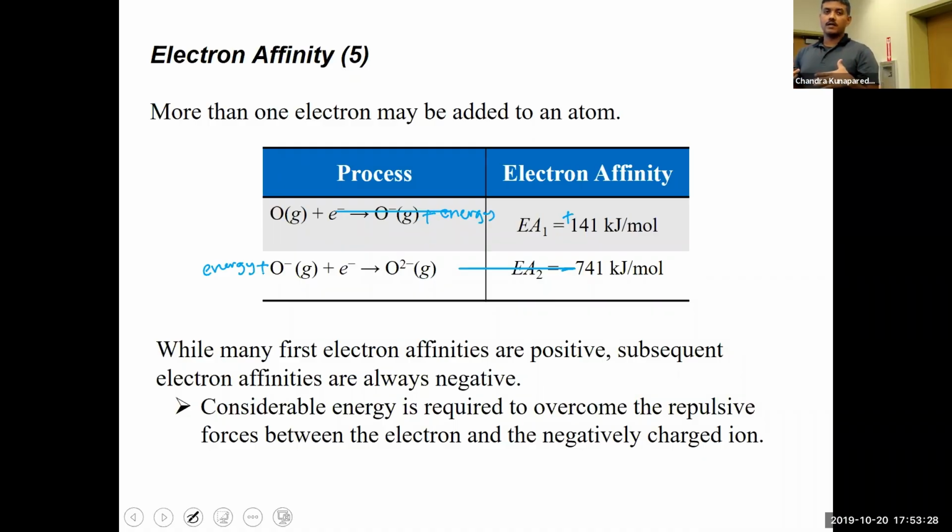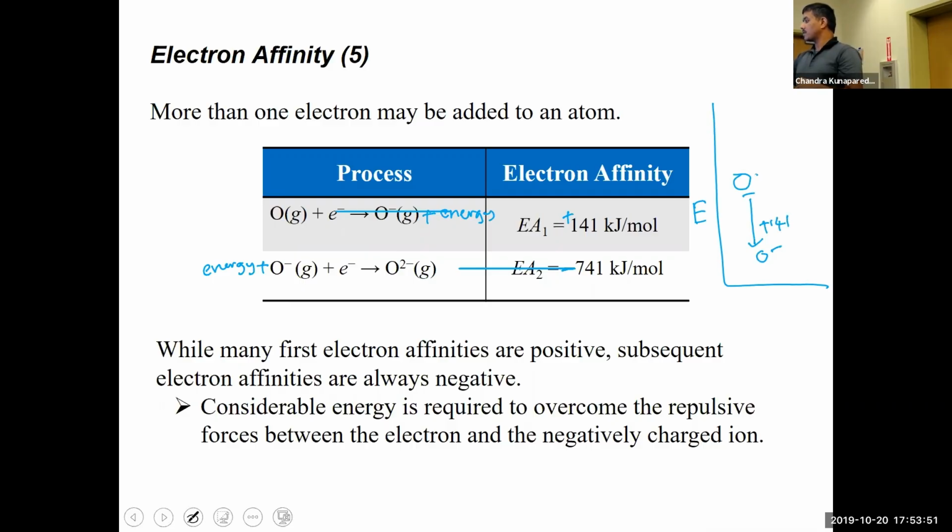But in the second electron acceptance, it is having a problem because it is going to be found at much higher energy. If I write it in an energy diagram, if you have oxygen here, by accepting an electron, it's going to lose energy by forming oxygen negative charge. The difference is 141, and it becomes more stable.